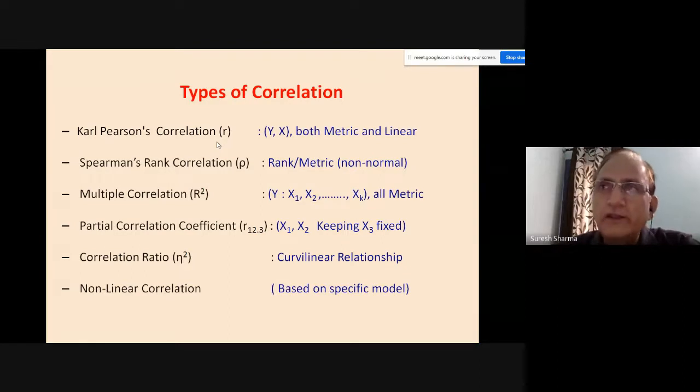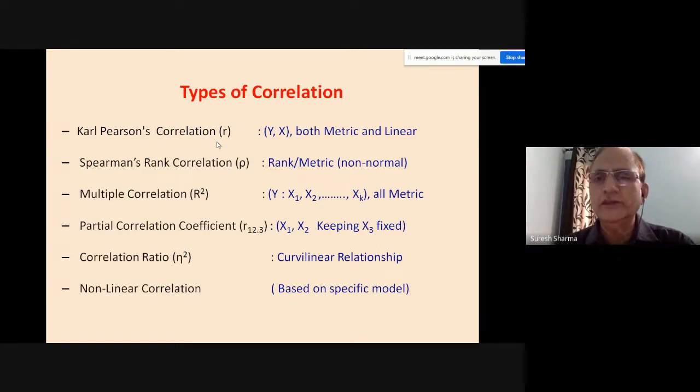You have completely ignored the effect of smoking, which can play a very important role. Whatever correlation you are getting between x1 and x2 could be the effect of smoking only. So to actually find the relationship between x1 and x2, that means age and blood pressure, you need to control the effect of smoking.